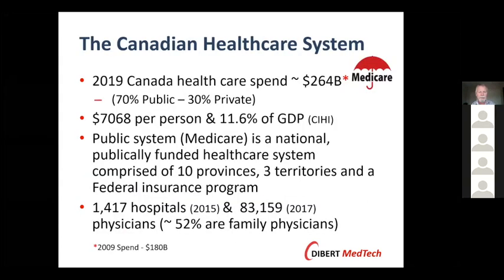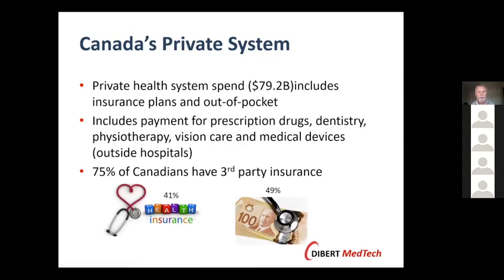So this is the healthcare system. But really, our Medicare system is really a hospital and doctor medical program. It pays for hospital visits and it pays for physician visits, and those are the approximate numbers in those respective years. The private system is at 30%, so it's about $80 billion, and it's insurance plans and cash or out of pocket.